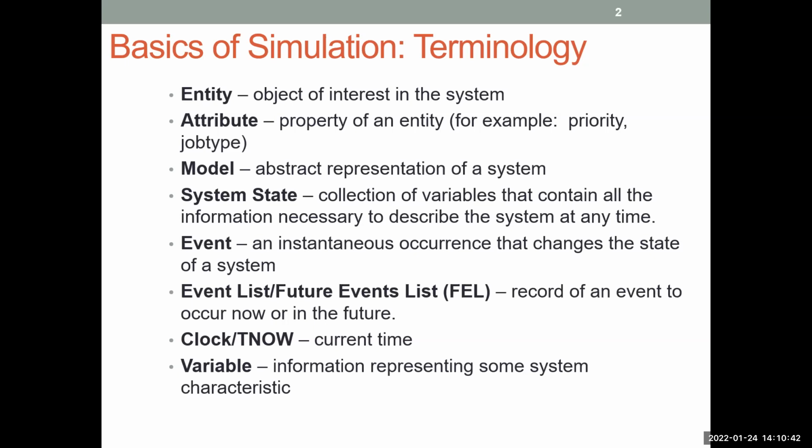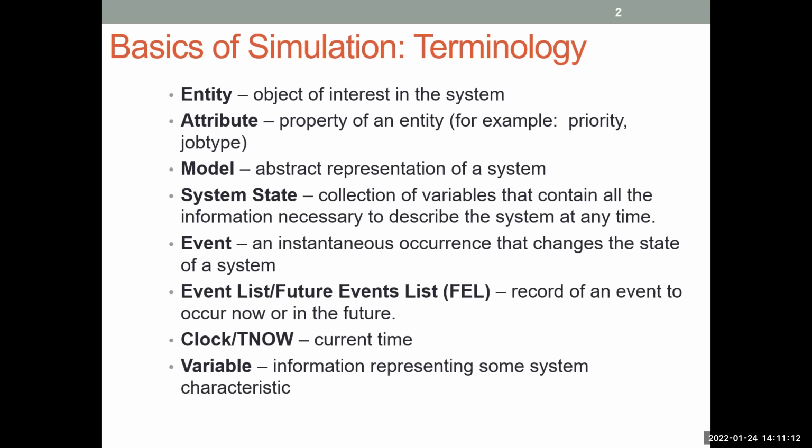If you think about a university, that could be the students, professors, staff. If you think about a manufacturing plant, those are the products that you are producing in the plant. So when I talk about an entity or creating entities, it's the object of interest for our model. An attribute is a property of an entity.